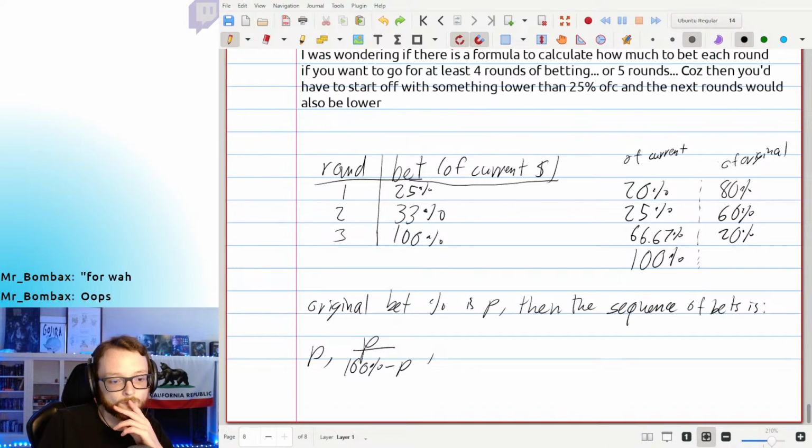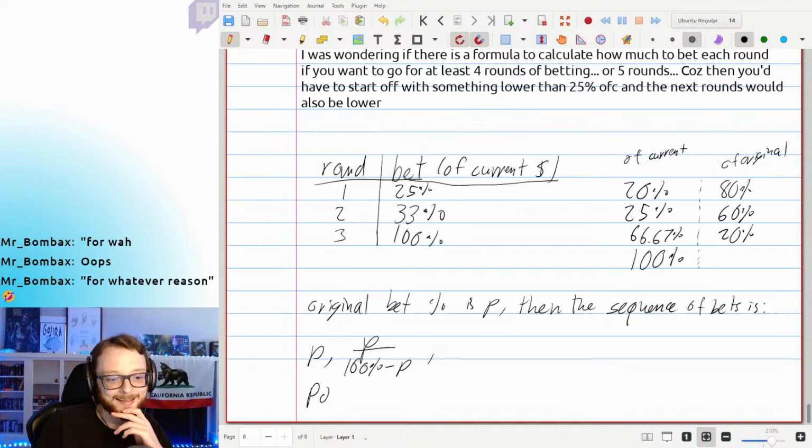Hmm. Yeah, P1. So I guess I can figure this out recursively. But I don't want it to be recursive.